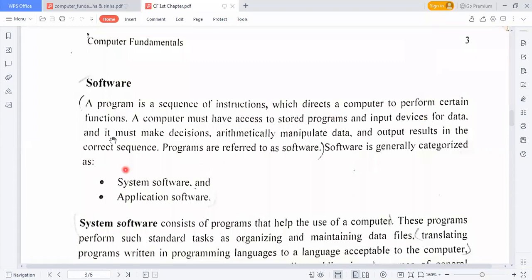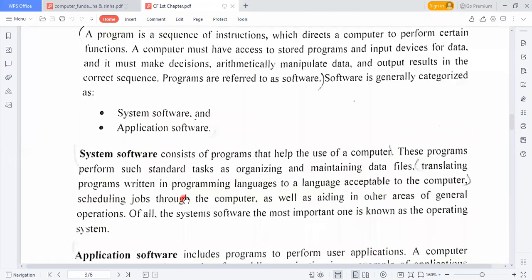It must make decisions arithmetically and manipulate data with the help of the control unit, and output results in the correct sequence. So programs are referred to as software. Software is generally categorized into system software and application software.